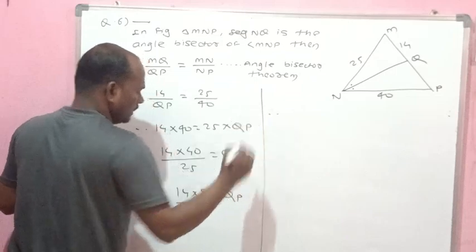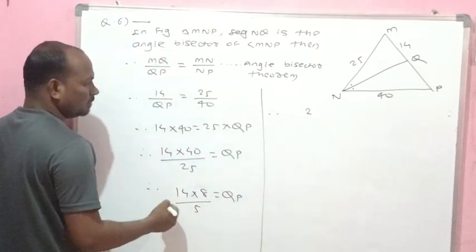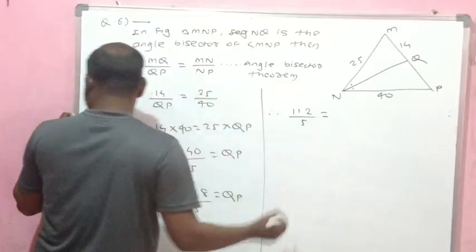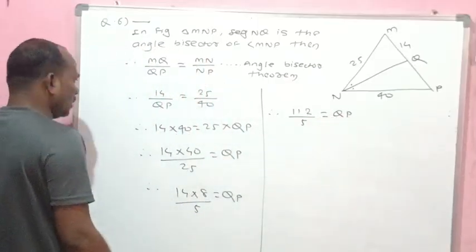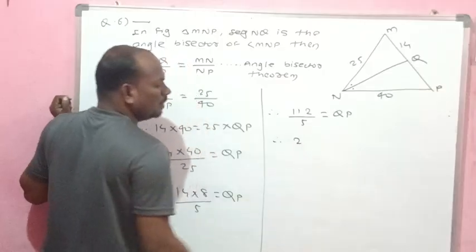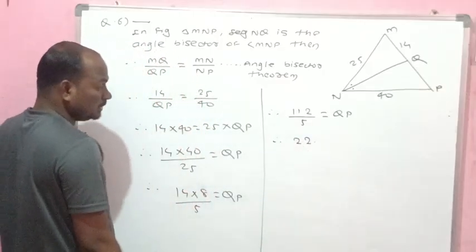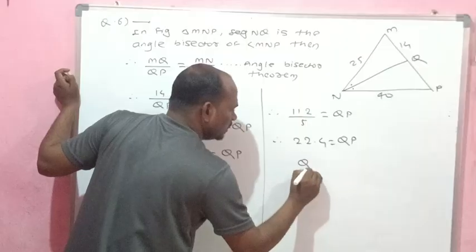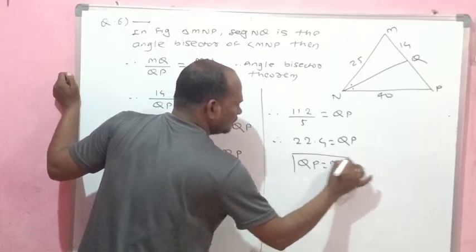Now therefore 8 4s are 32 carry 3, 8 1s are 8, 8 plus 3 11 divided by 5 is equal to QP. Now 5 2s are 10 carry 1, 5 2s are 10 carry 2, 5 4s are 20 is equal to QP. That is QP equal to 22 divided 0.5.